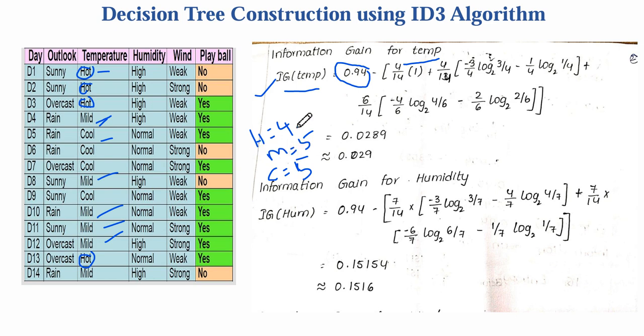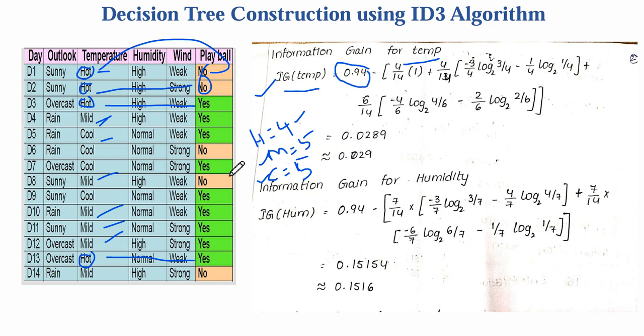Now we have to calculate the entropy for temperature equal to hot, the entropy for temperature equal to mild, and the entropy for temperature equal to cool. How many hot records are there? 4. This is hot no, this is hot no, this is hot yes, this is hot yes. So out of 4 records, 2 records belong to no, 2 records belong to yes.